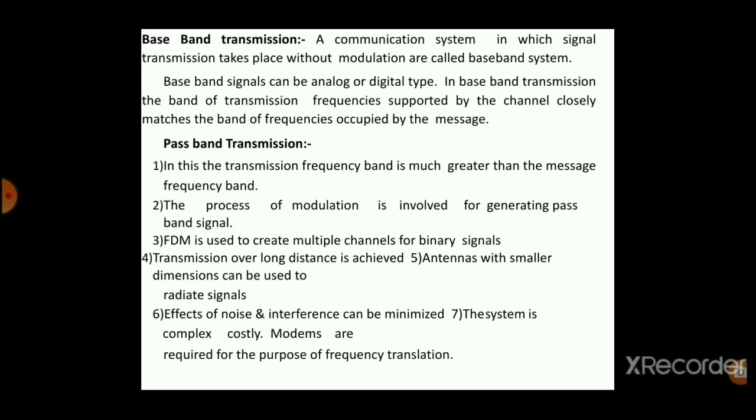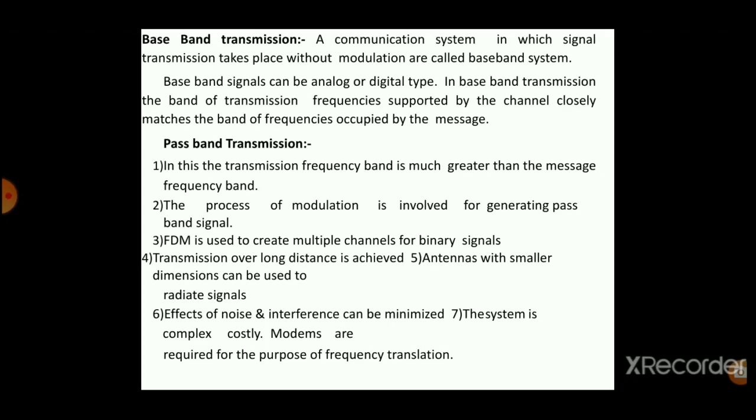Baseband signals can be analog or digital type. In baseband transmission, the band of transmission frequencies supported by the channel closely matches the band of frequencies occupied by the message.